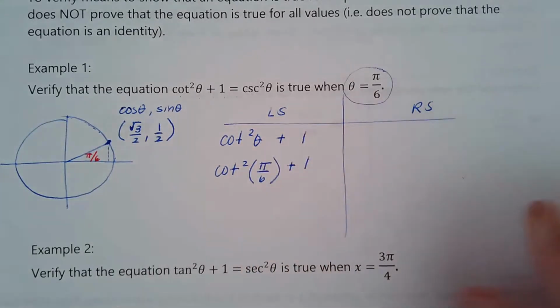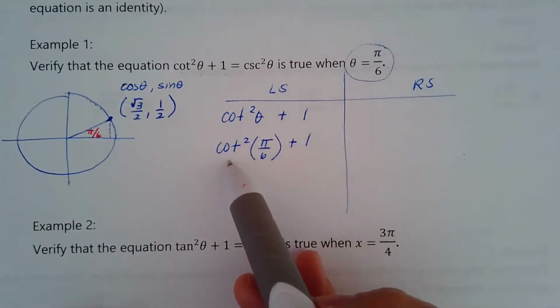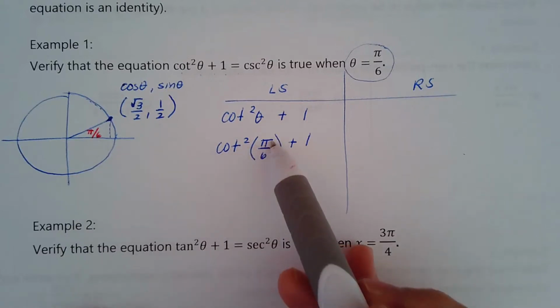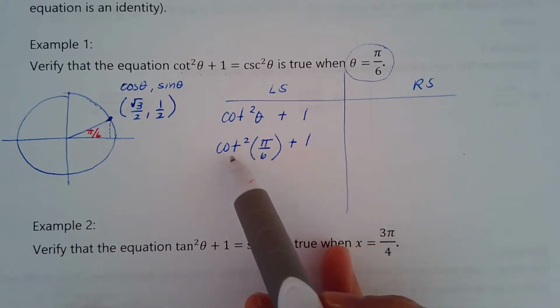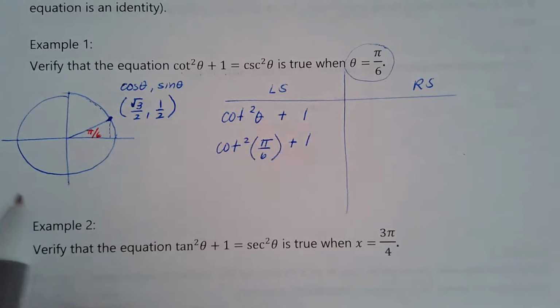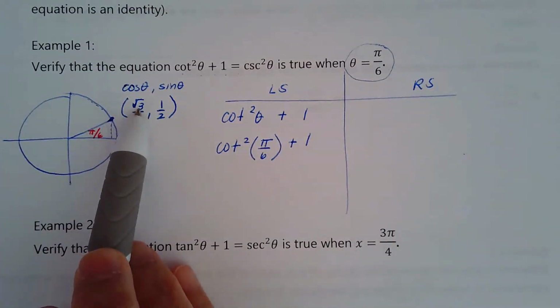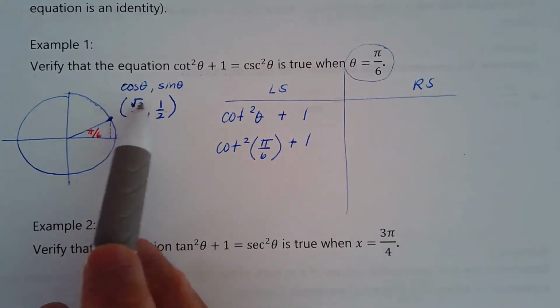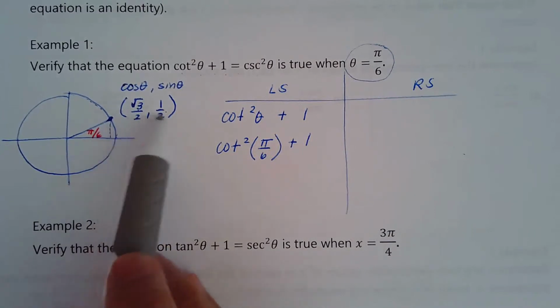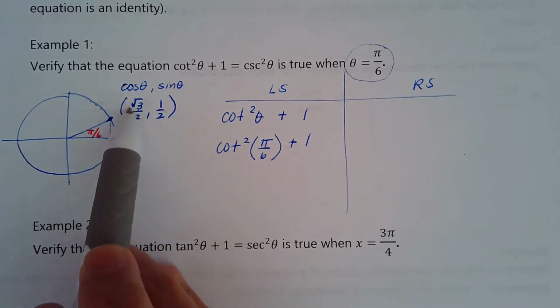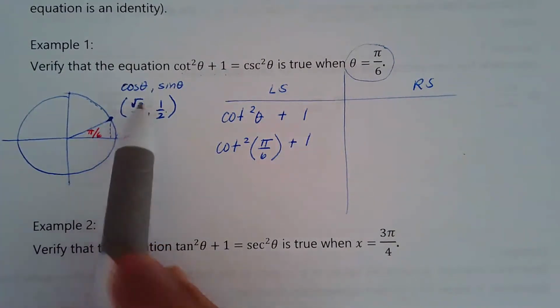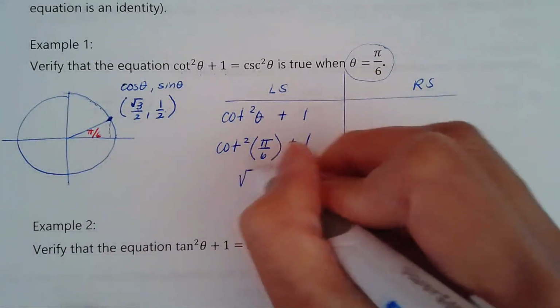So what's a cotangent squared of pi by 6? Cotangent is cosine divided by sine. If we divide these two together, the denominators cancel each other out, then we're left with root of 3.